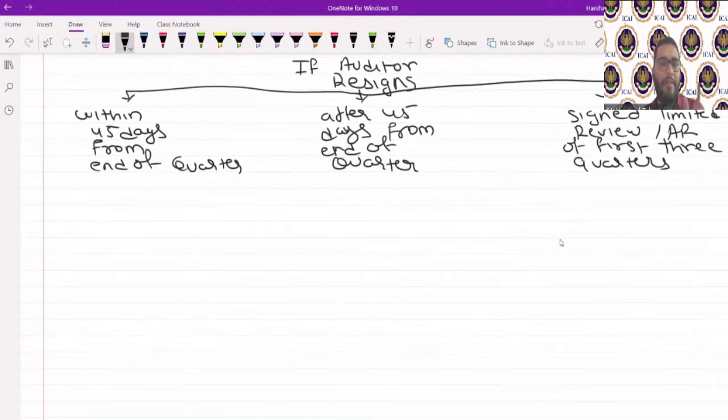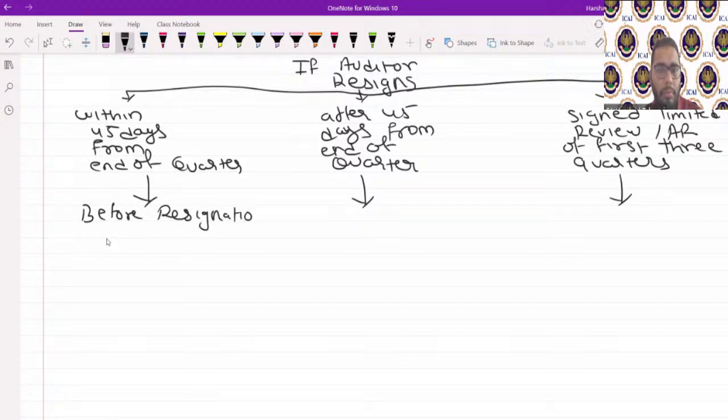Okay, if the auditor resigns within 45 days, after 45 days, or has signed the limited review or audit report of the first 3 quarters, then: if the auditor resigns within 45 days from the end of the quarter, then before issuing such resignation, the auditor is required to issue the limited review or audit report of that quarter.